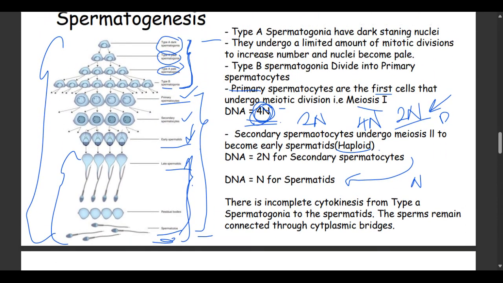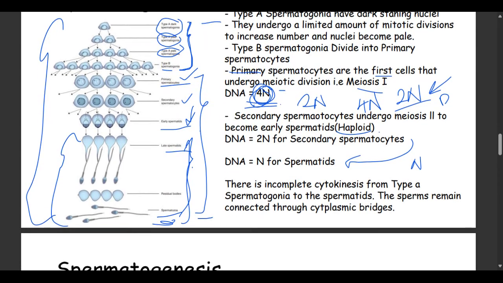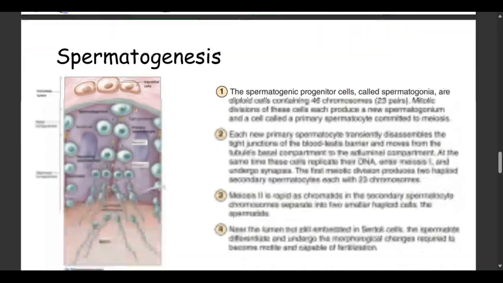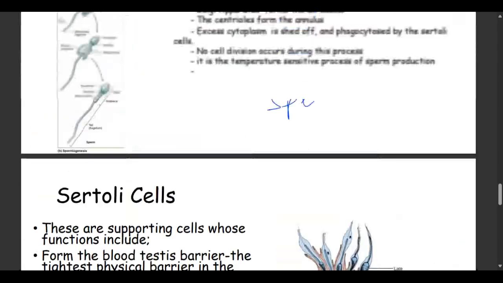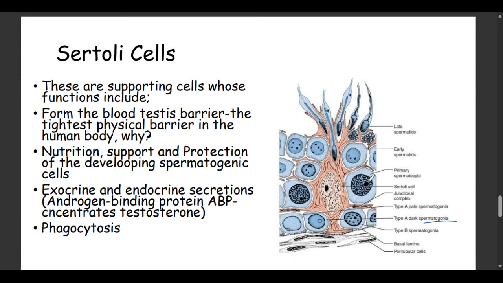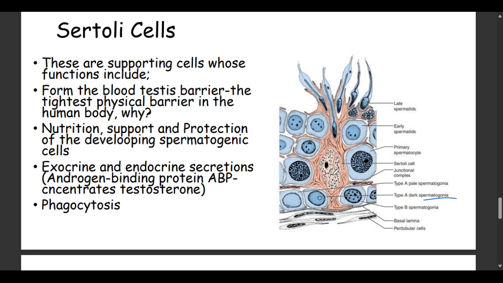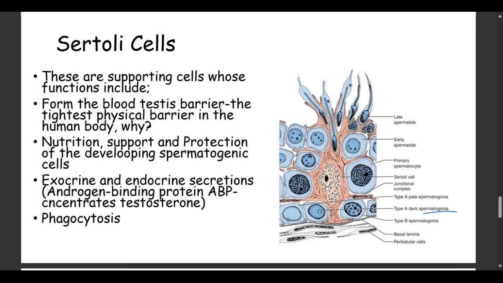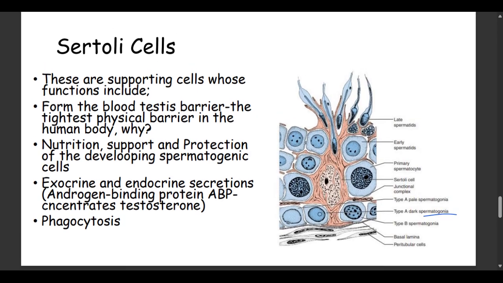You have spermatogonia type A and type B. We have primary and secondary spermatocytes, early and late spermatids. And at the end of the day, you have the mature spermatozoa. This is represented in this picture as well. All right. So Sertoli cells have functions including, like we already said, formation of the physical barrier. There's nutrition. They support and protect the developing spermatogenic cells.